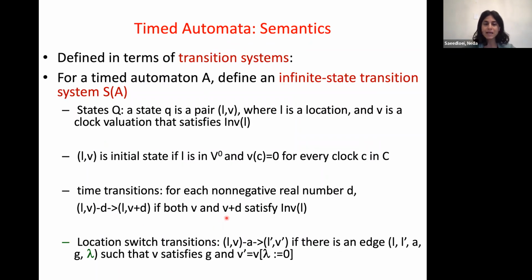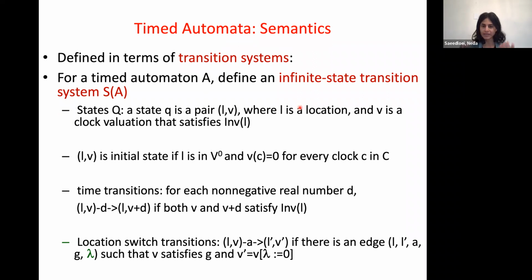Okay, so the semantics of timed automata are defined in terms of transition systems. So we define for a timed automaton A an infinite state transition system, which includes states. So what is the difference between states and locations? So we know what locations are. A state is a pair that has two components, the location and the clock valuation.